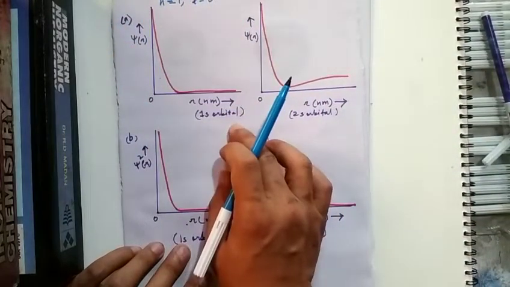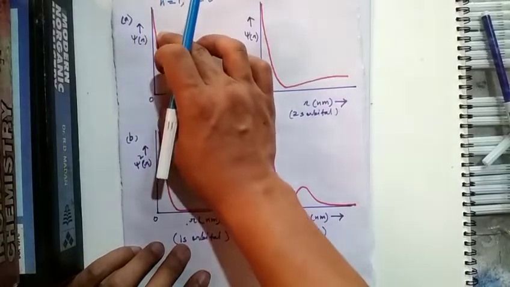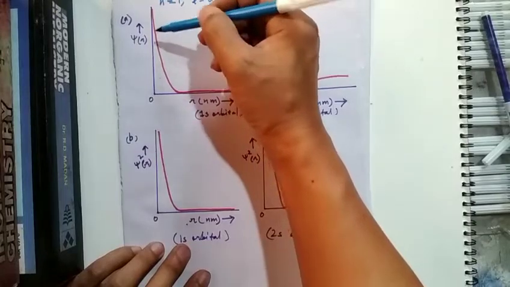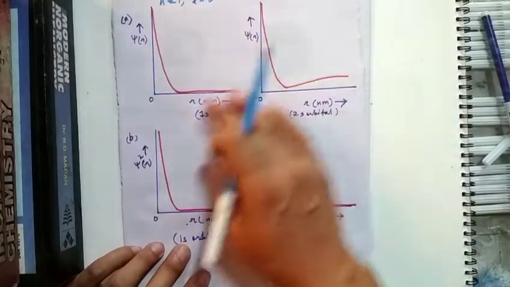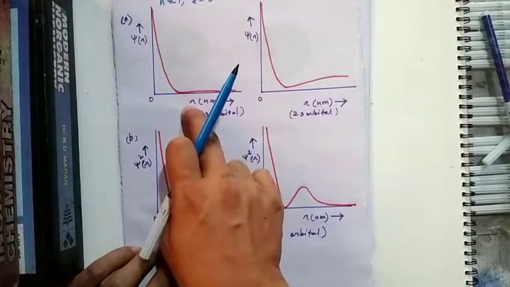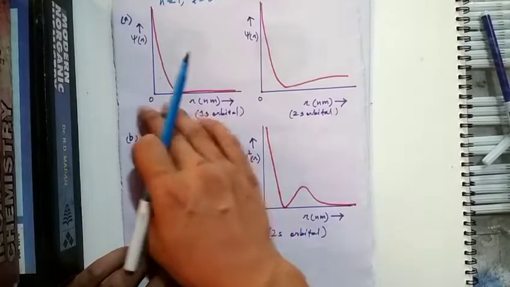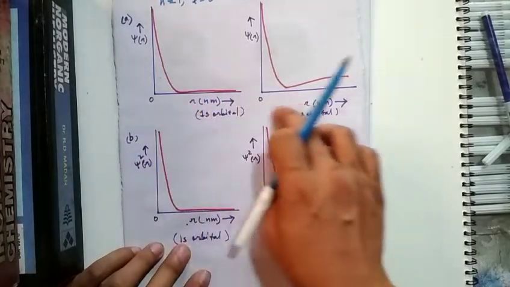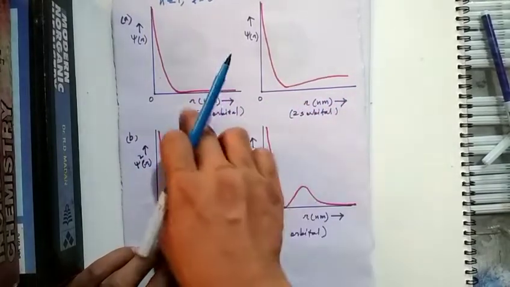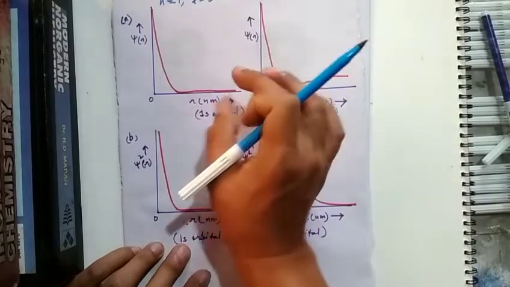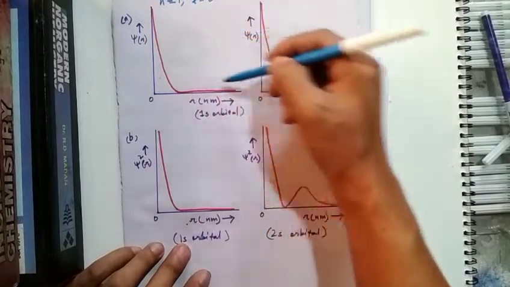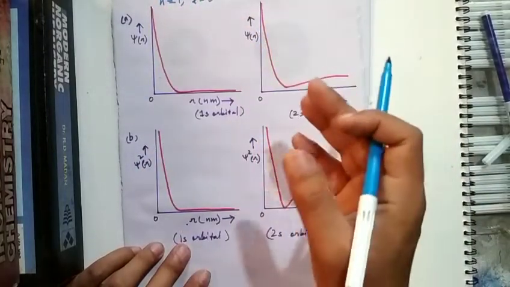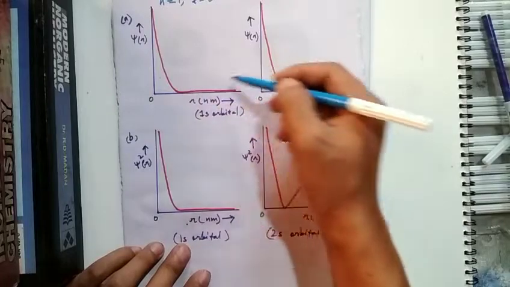This graph means that if we move away from the nucleus, that means the radius will increase, and then the probability of finding the electron will decrease. If we move far away, that probability will decrease.